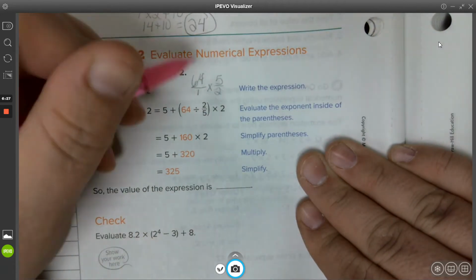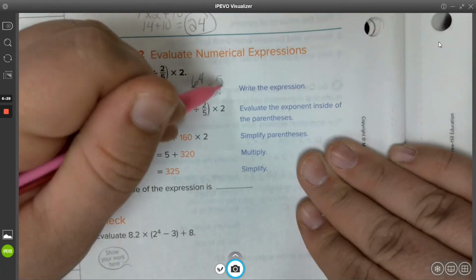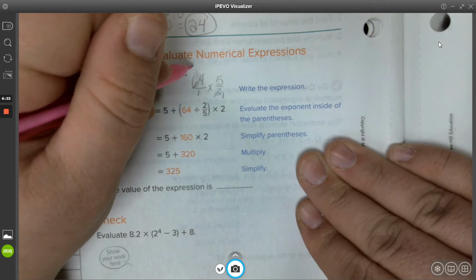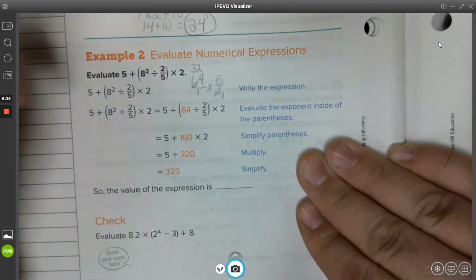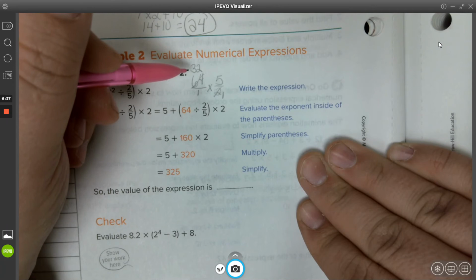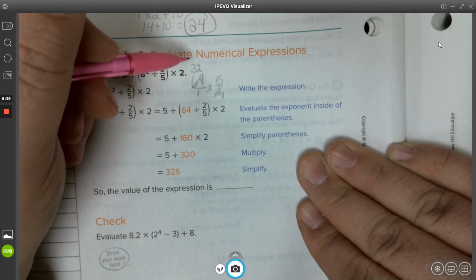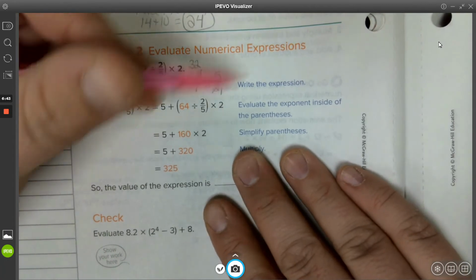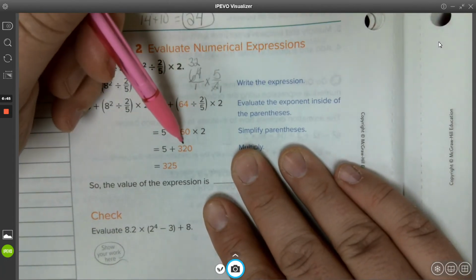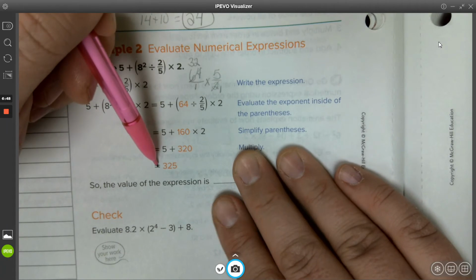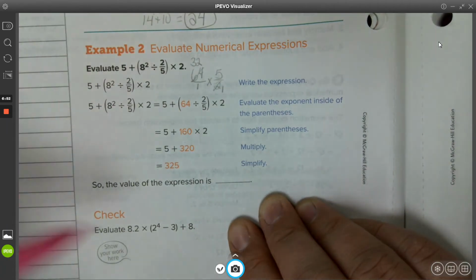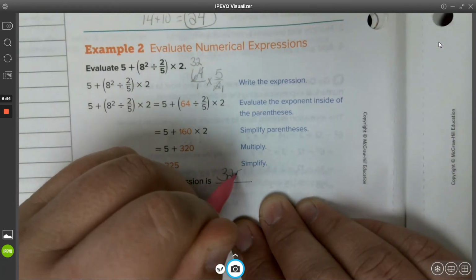And you can simplify. 2 goes into 64 32 times. Then we do 32 times 5, which is 160. Then we multiply by 2 to get 320. Then we add 5 to get 325. So this would be our final answer to this problem.